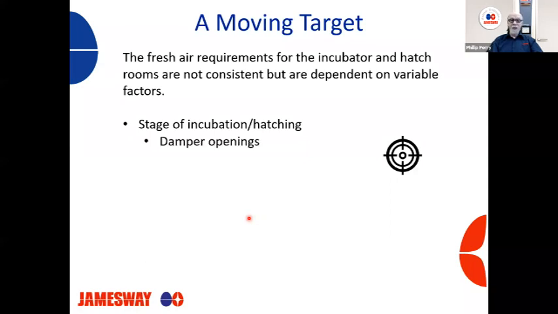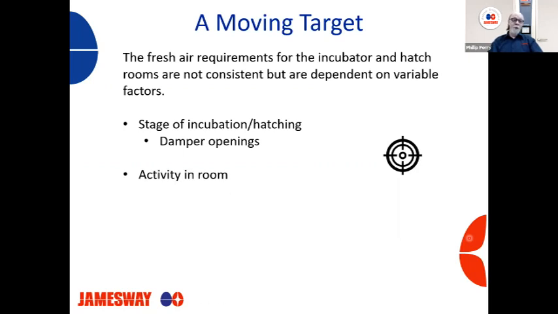One thing is the stage of incubation or hatching, and this refers to the damper openings. As dampers open up, more air is required for the machine, and more air is being exhausted. So we need to make sure that we have coverage for the minimum and maximum settings of the machine.